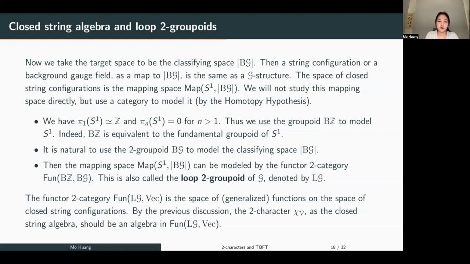This is also called the loop groupoid of G, denoted by LG. The functor category from LG to Vect is a space of functions on the space of closed string configurations. And by the previous discussion, the true character chi V, as the closed string algebra, should be an algebra in this functor category from LG to Vect.